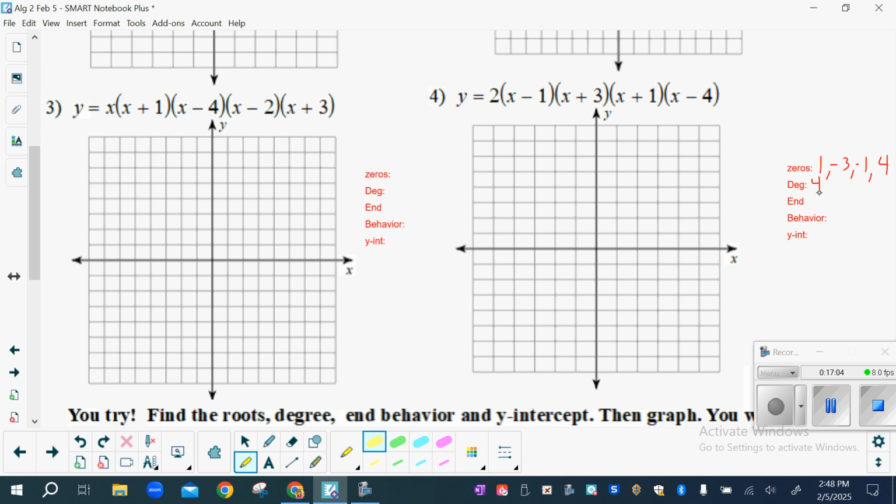It's positive again. All the ones we're doing today, it's going to be positive. So A is positive, even degree. What does the table say the end behavior will be? Left up, right up. That's right. So you're just looking on your table. Left up, right up.